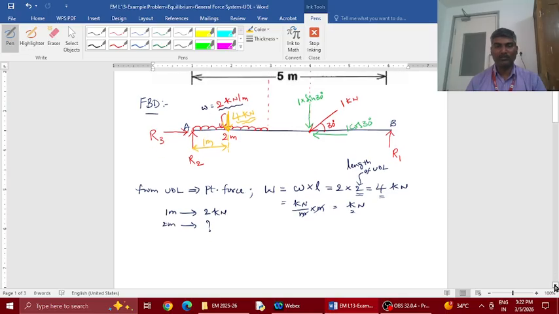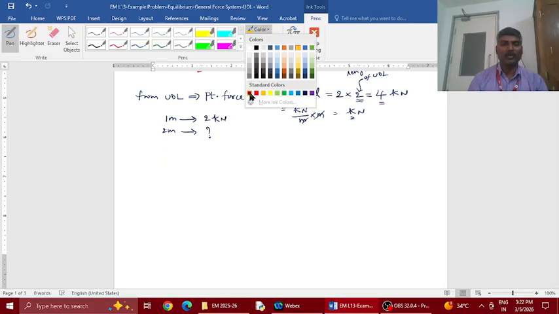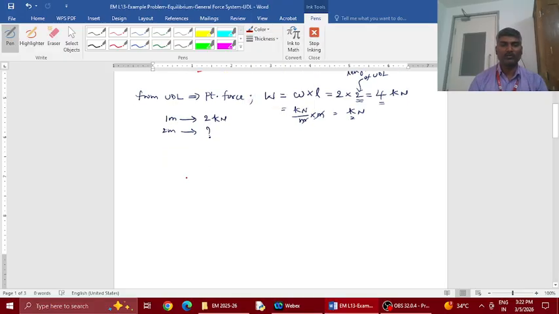So now you can draw a final diagram with the UDL reduced to a point load. I call these reaction 1, reaction 2, reaction 3. Now you see there was a UDL here.